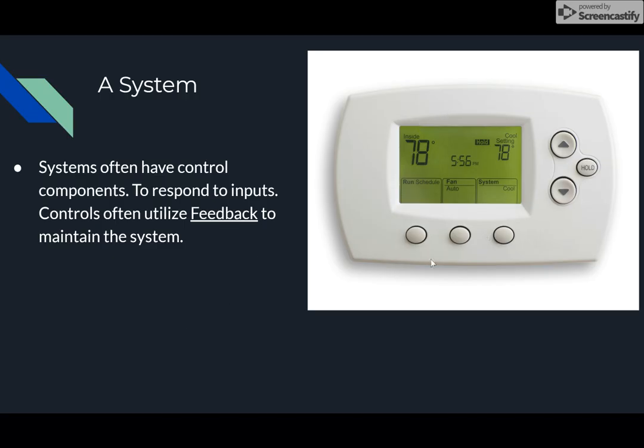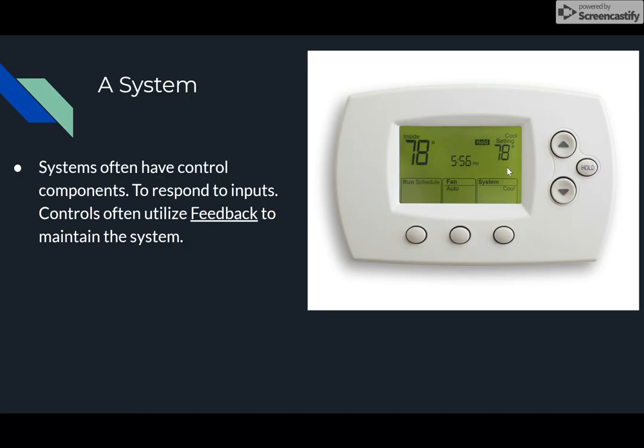So here we have a thermostat. This is an example of a control. So let's say this thermostat is controlling the temperature of a room. We have the set temperature that we want the room to get to, which is 78 degrees.